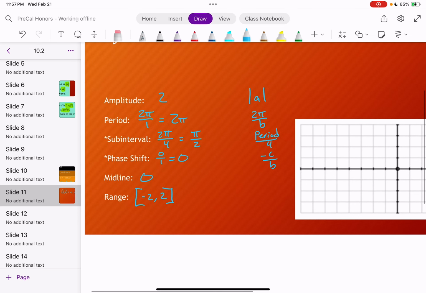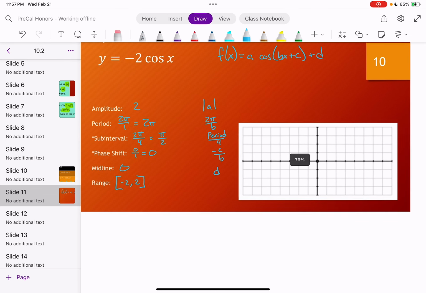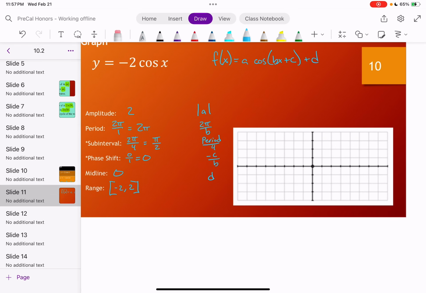As we begin with our actual graph, the first thing that you're going to want to do is find where that midline is. And you're going to draw that midline by drawing a dotted line going across your midline. You want to mark your maximum and minimum. In this case, maximum would be 2, minimum would be -2.